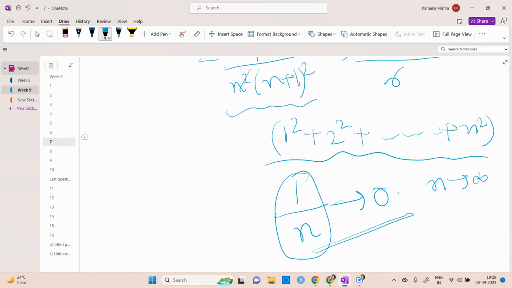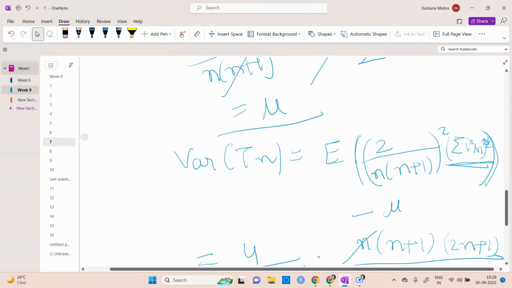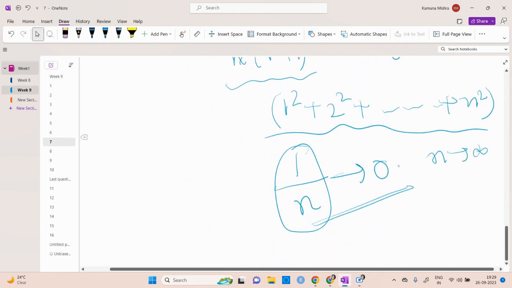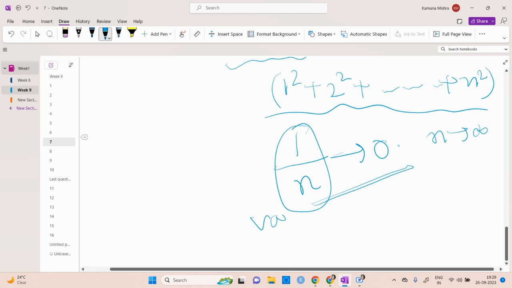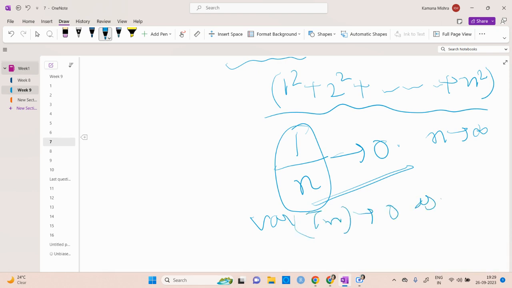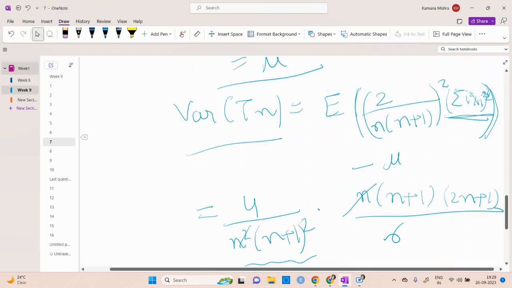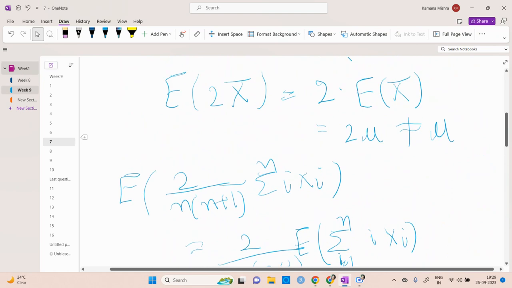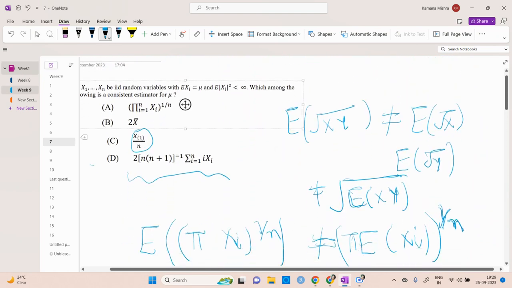So the variance of Tn goes to 0 as n tends to infinity, and it means that it is a consistent estimator.